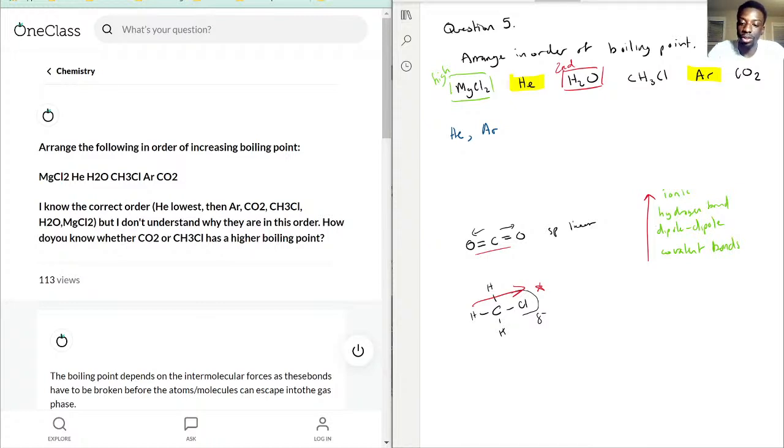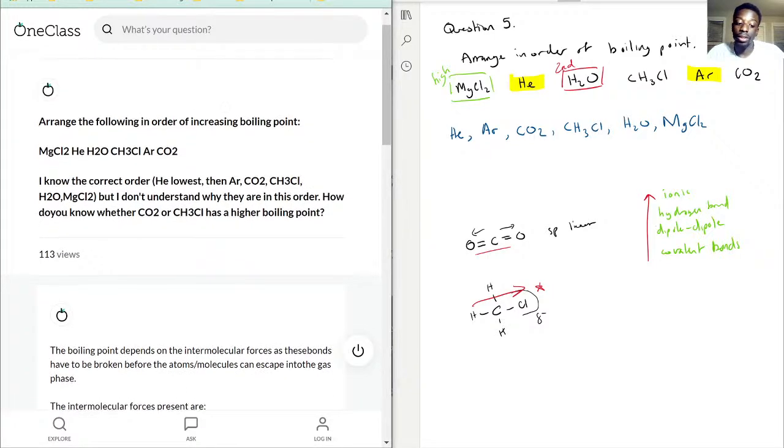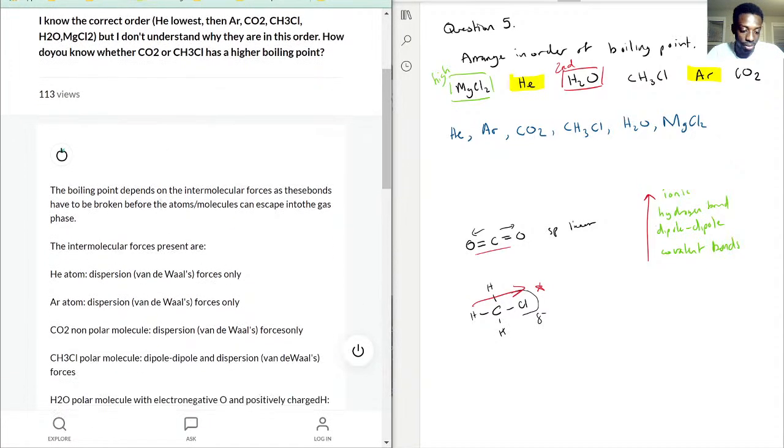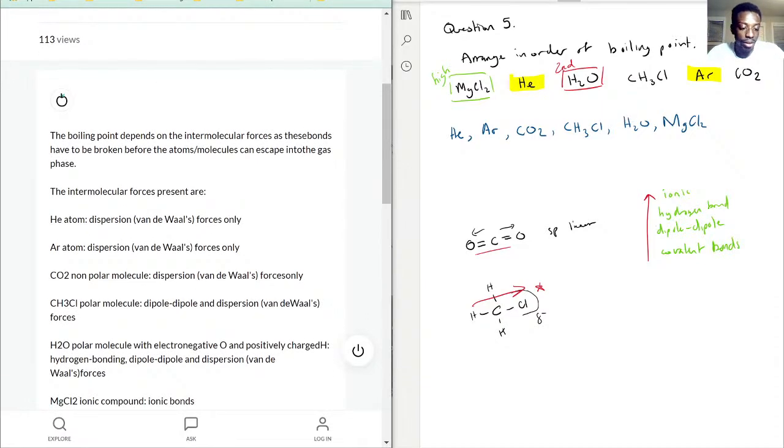So if we were to finish this up, CO2 would actually be next, then CH3Cl, then H2O, then our ionic MgCl2. And that's why, because CO2 doesn't have a pull, it doesn't have any polarity. CH3Cl on the other hand does. And here they do talk about it as well.